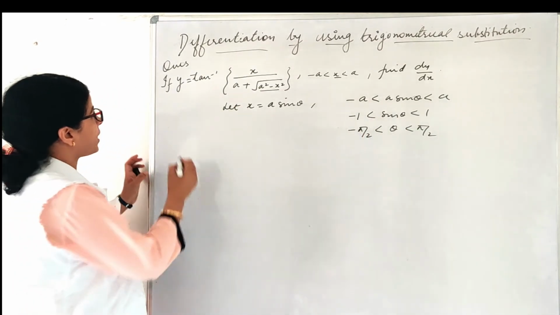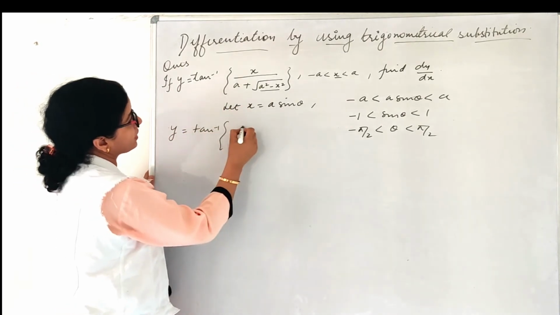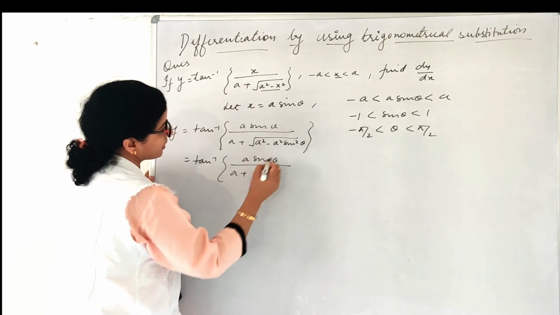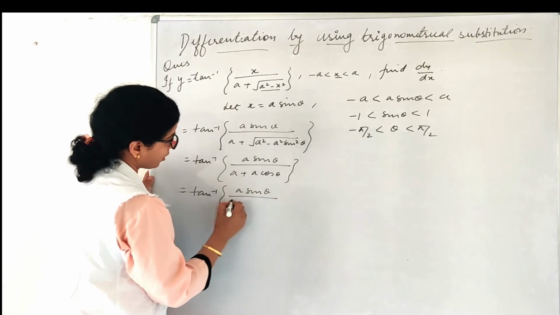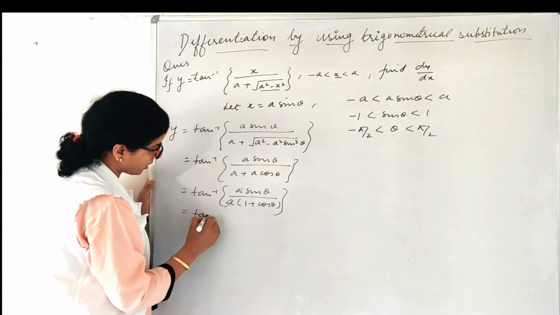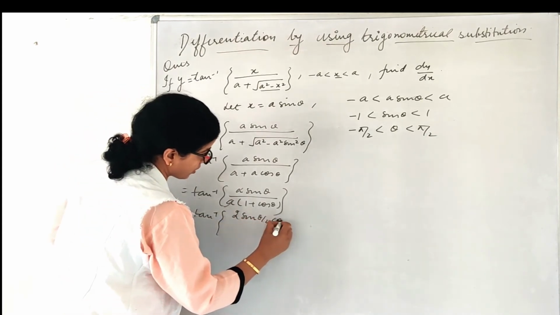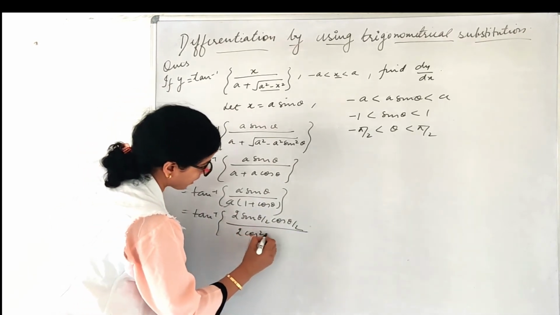Now let us take this part. So y equals tan inverse. Substitute the value of x. Now a sine theta upon a plus, this will become a cos theta. Tan inverse of a sine theta upon a into 1 plus cos theta. Now we'll apply the formula of sine 2 theta here. So it will become 2 sine theta by 2 cos theta by 2 upon, this will become 2 cos square theta by 2.